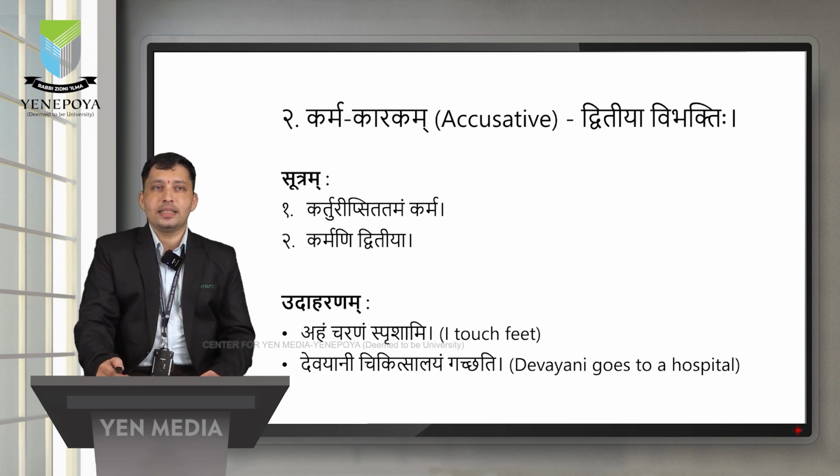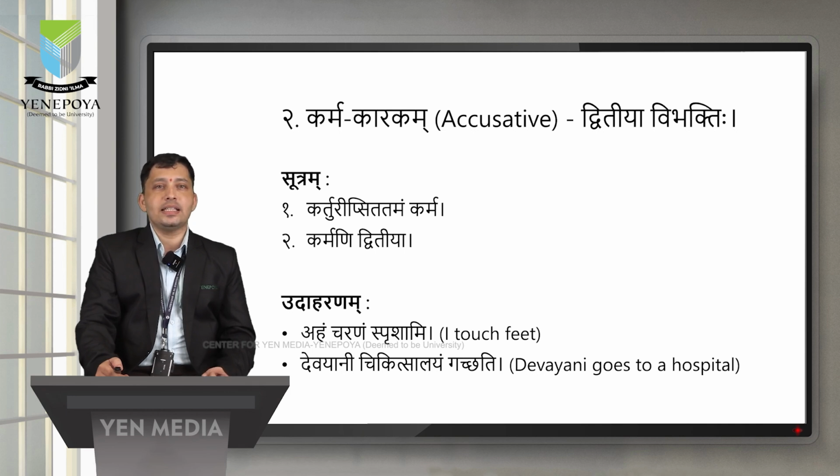Here the examples are Aham Charanam Sprashami, which means I touch the feet, and Devayani Chikitsalayam Gachati, which means Devayani goes to a hospital. In each we can see three words. In the first, the action is touching the feet, and in the second, going to the hospital. As these are examples for Karma Karaka, we have to see the word which represents the fulfillment of the action.